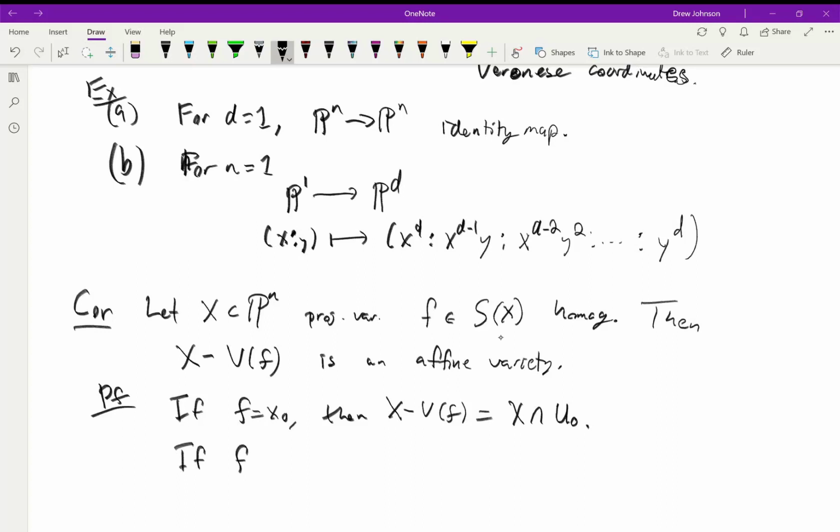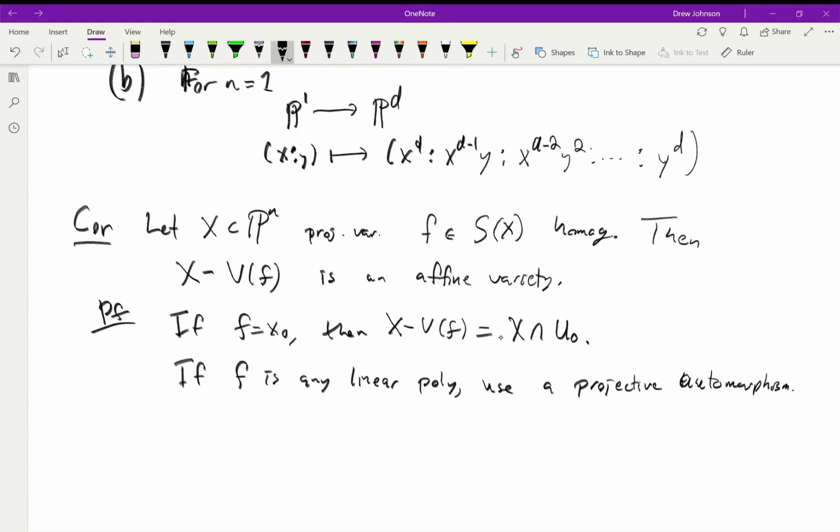If f is any linear polynomial, so degree 1, we can use a projective automorphism to move that linear polynomial to x0, right? There are no special lines in Pn; all lines are the same. So anything that is true of f equals x0 can be true of any other linear polynomial.